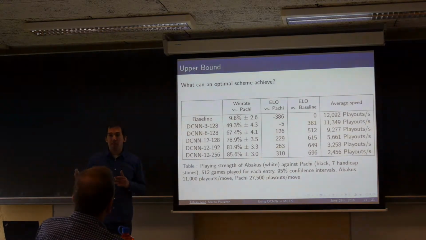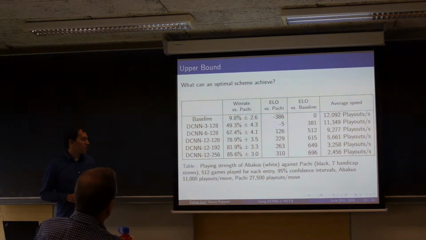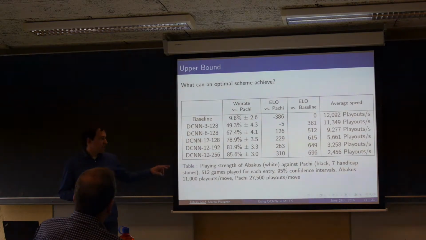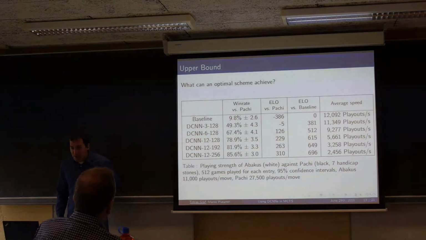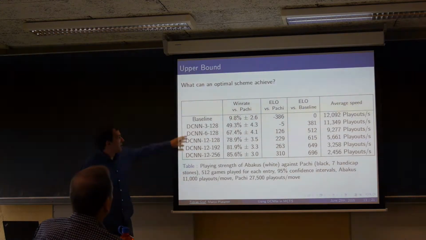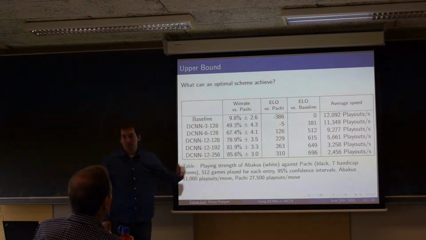So we fixed these for the tournament. So Abacus was allowed to search for 11,000 simulations and Pachi for 20,000 moves. So you see that the bigger the networks are, the slower the average speed is.